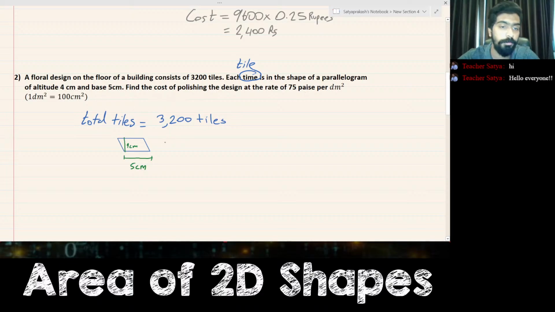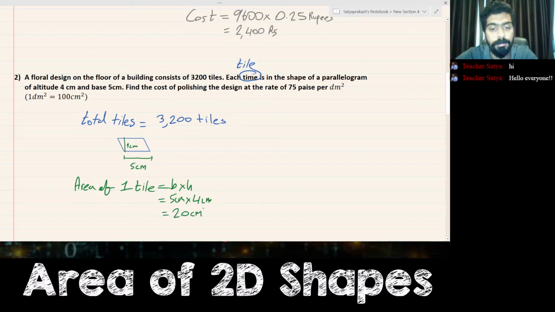Alright, so first of all, let us find the total area of 3,200 tiles. So area of one tile is equal to the base times the height, which is 4 cm times 5 cm, which is 20 centimeter square, right guys? So the area of one tile is 20 centimeter square.